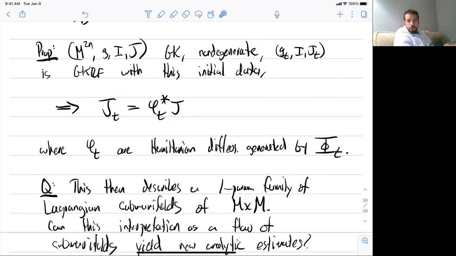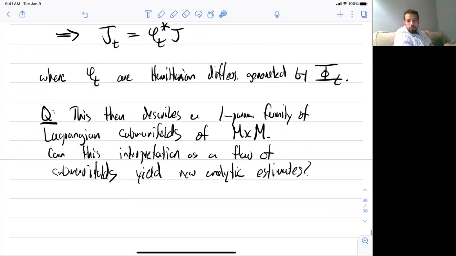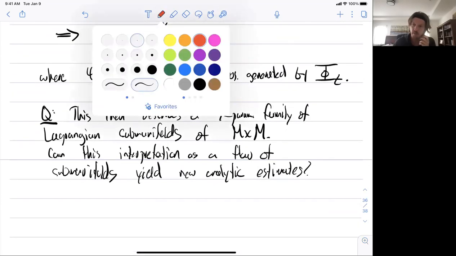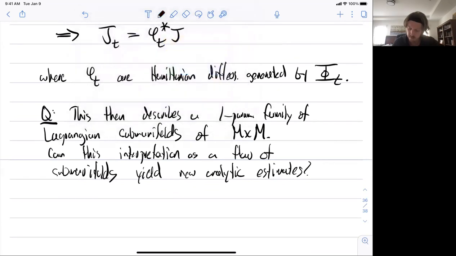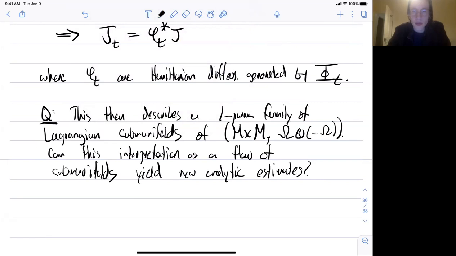And in your question, the symplectic structure on M cross M is omega minus omega. Yeah, I think that's right? This is endowed with big omega direct sum minus big omega, but for different complex structures, I think.